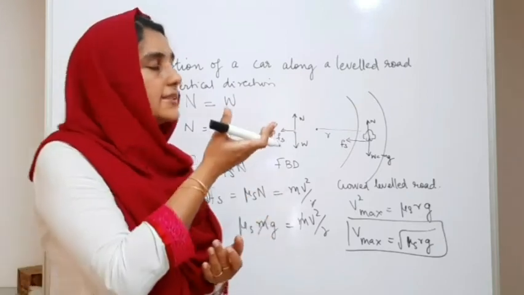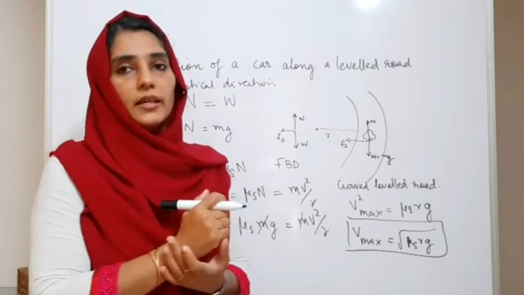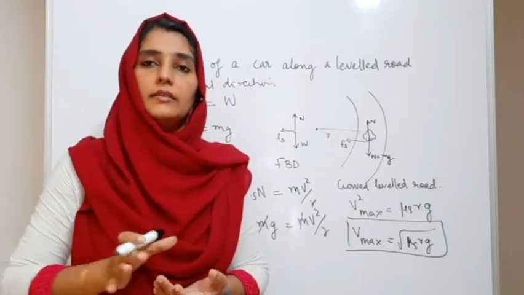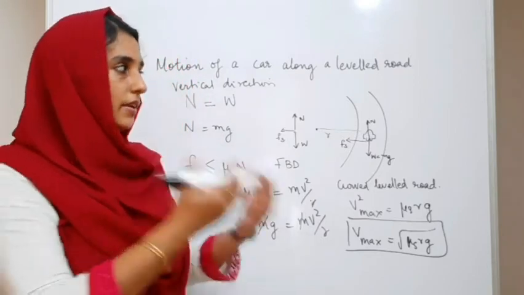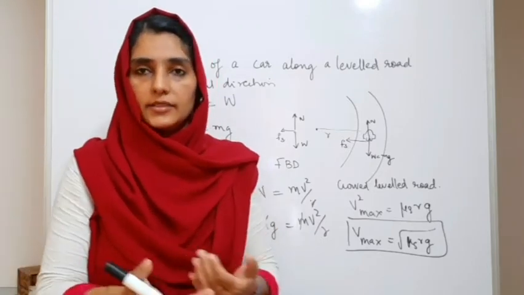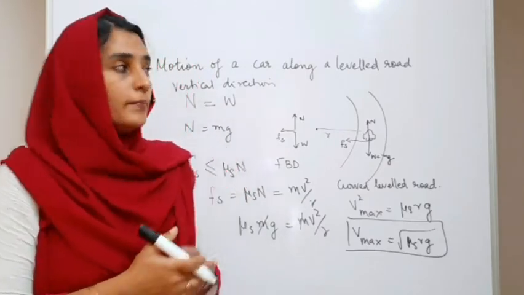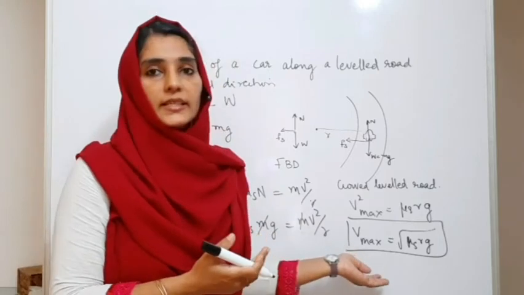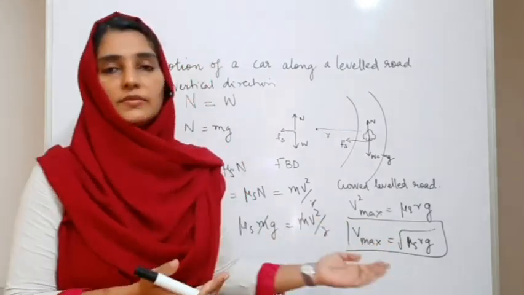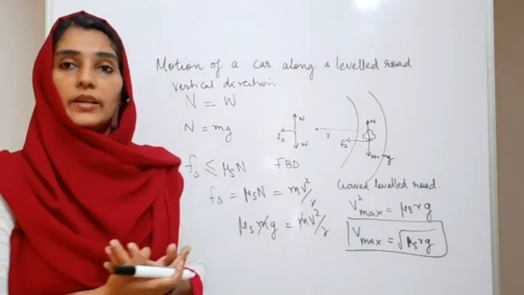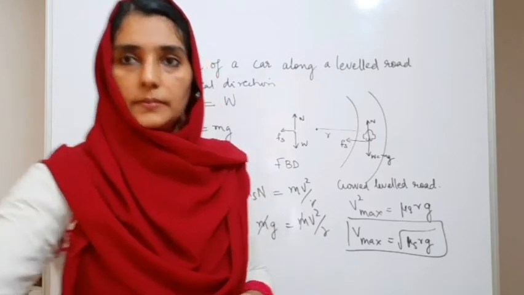So when you raise the outer edge of a road with respect to its inner edge while designing a circular curved path, or when a car has to take a sharp turn, the maximum speed can be increased from this value. So let us see how it works when we apply the concept of banking of roads.